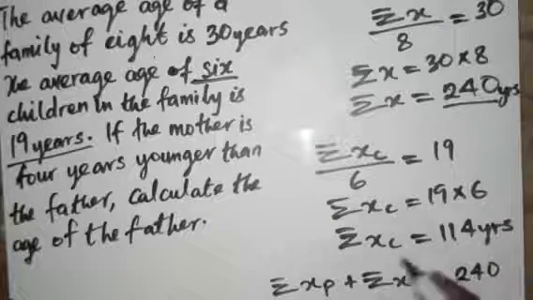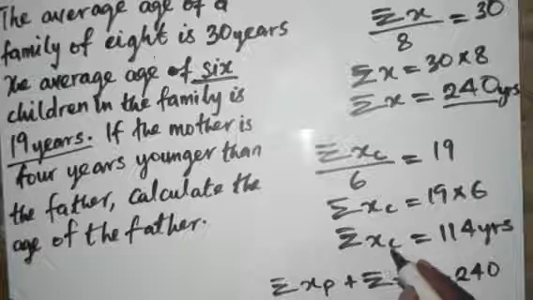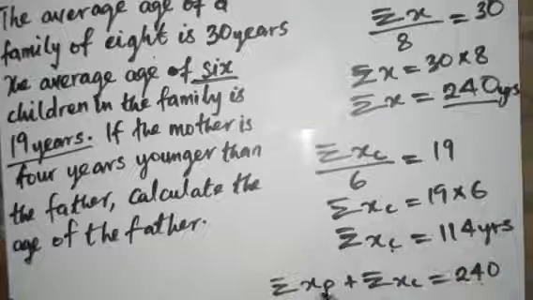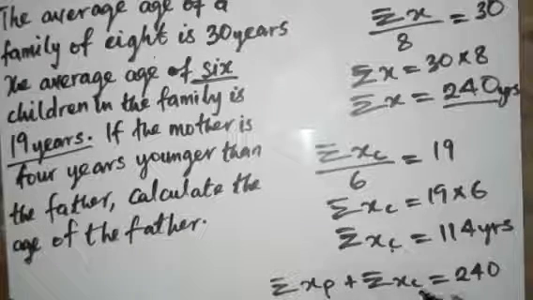P for parents, C for children. So if you put this and this together, we are going to get 240.